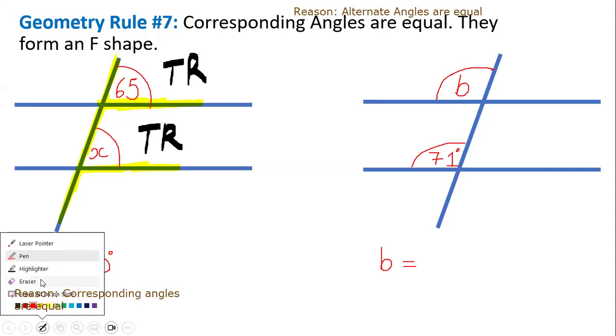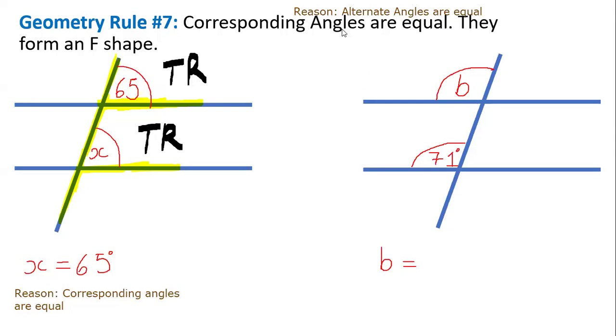Because it forms the F shape. Does it form an F shape? Yes, sir, it's like a backward F. Let's see what shape it forms. No, it forms like a backward F. All right, good.